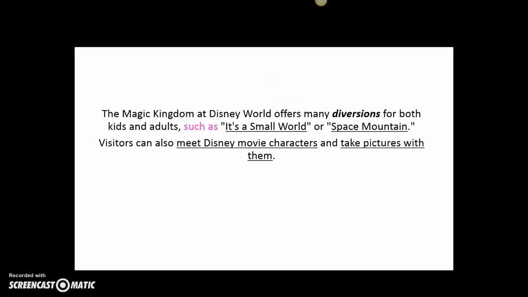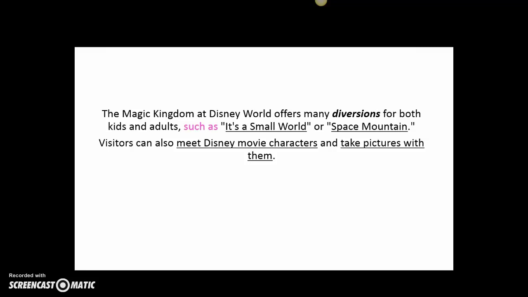Now let's go back to the Disney sentence where we used some context clues to figure out the meaning of the word diversion. In this case, we have some examples of attractions such as It's a Small World or Space Mountain, or meeting Disney movie characters and taking pictures with them. So these context clues help us to understand the meaning of the word diversion.